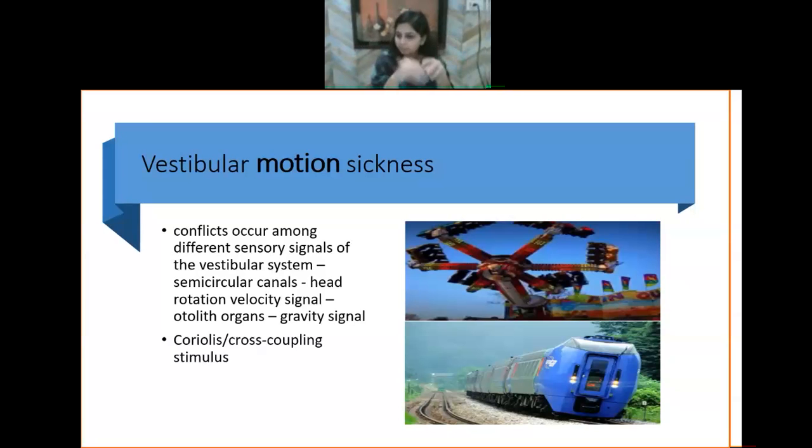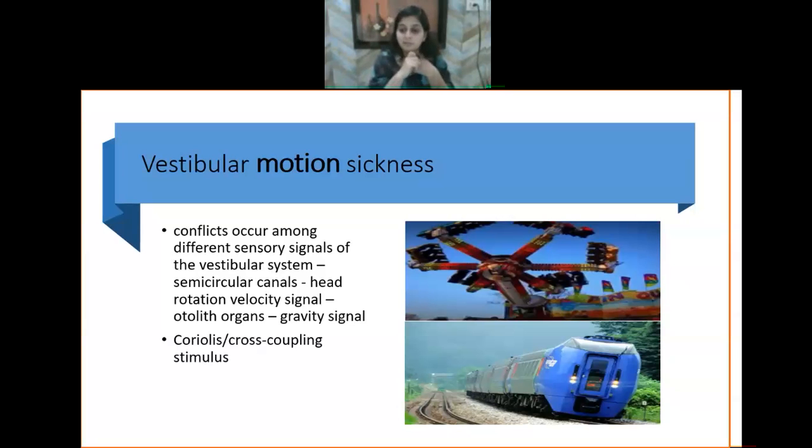80% of the population have a physiological sickness, but so many people, if they have any problem with their vestibular system, might be affected and get vestibular motion sickness. We do have different tests to rule out vestibular motion sickness.